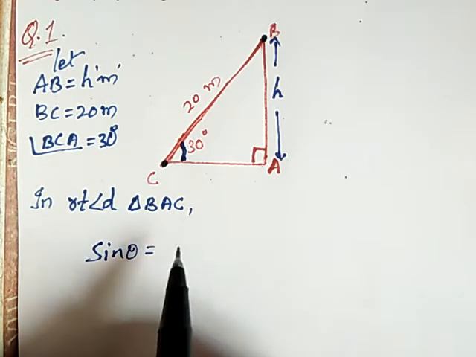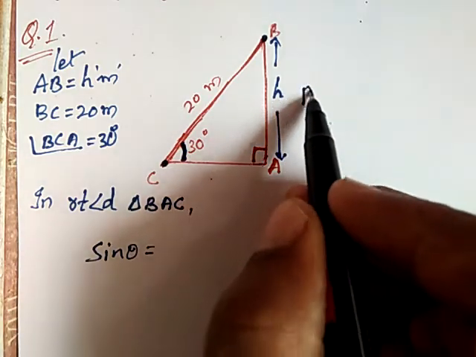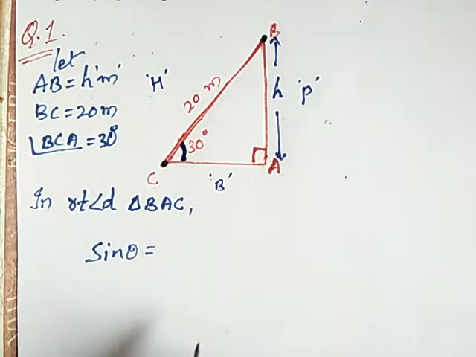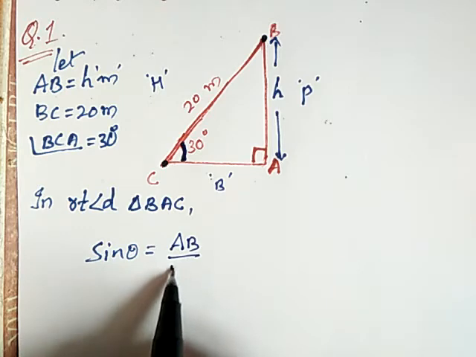Theta means this is the perpendicular, this is the base, and this is your hypotenuse, correct? So sin theta is equal to AB by BC.